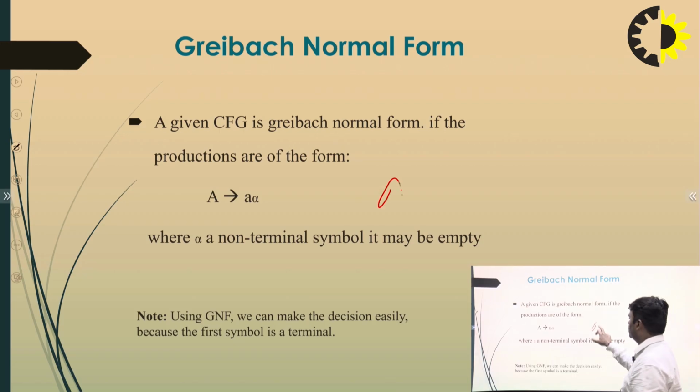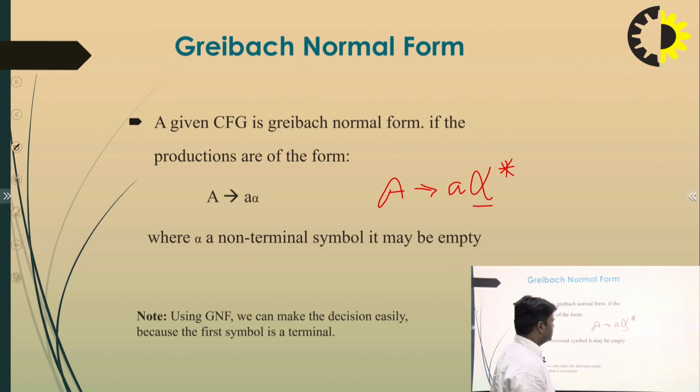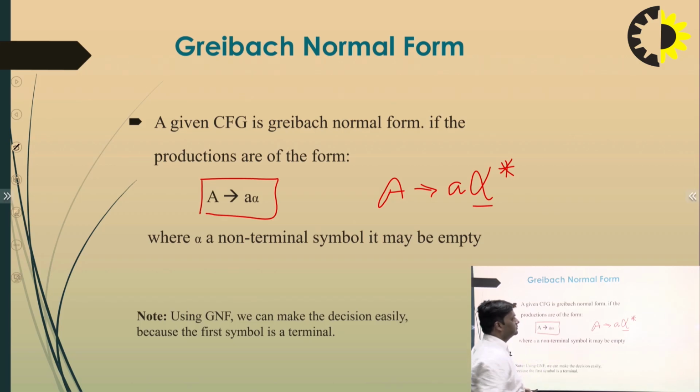We can write it as alpha asterisk. This is also in the form of GNF, where alpha may be empty or as many non-terminal symbols as required may occur. If the production rule is written in this form, then it is in GNF.